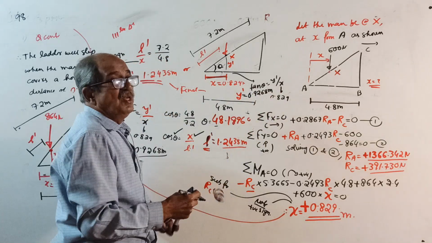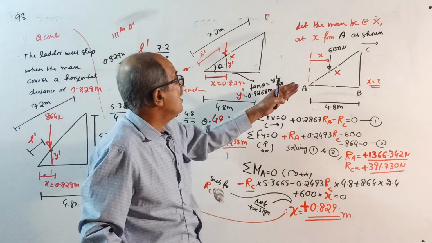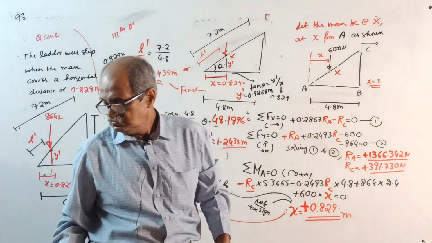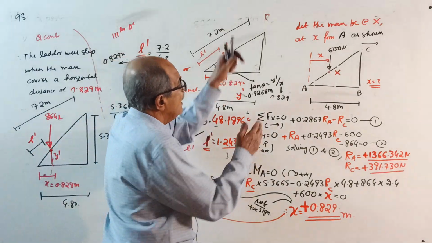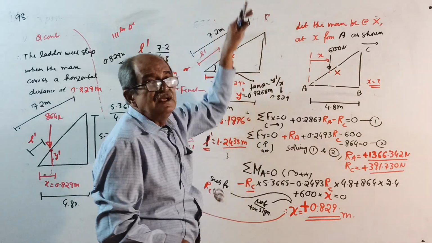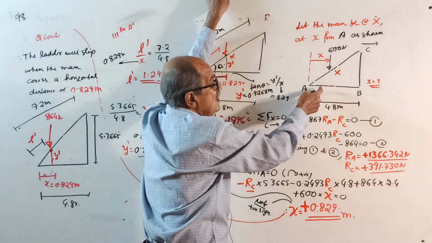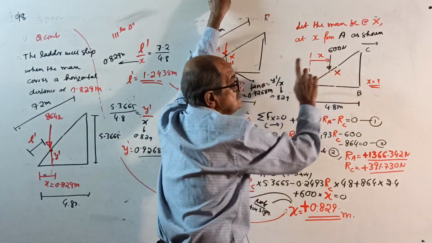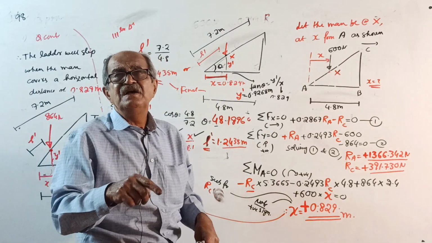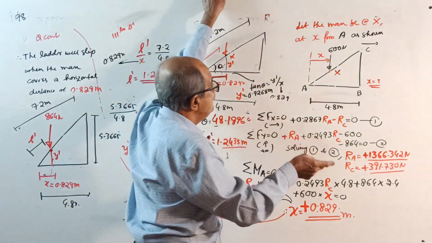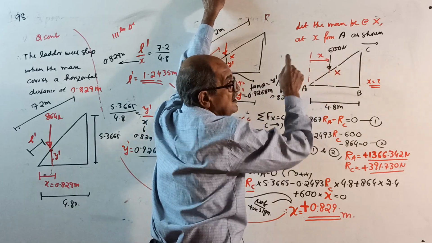So the question can be asked in different ways. How far along the ladder he can move? Make a note after the question is over. Even then, take x unknown, and using trigonometry or similar triangles, get this length. Or they can ask from what height the man will fall down. Then also calculate x by taking moment about A, since we want this distance.